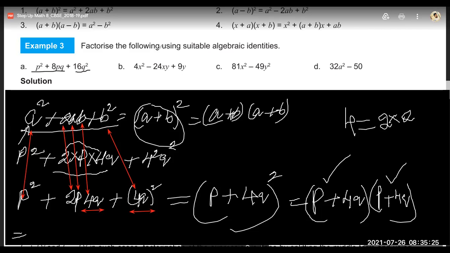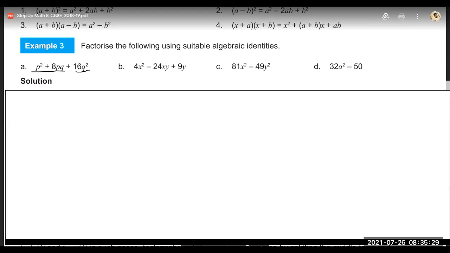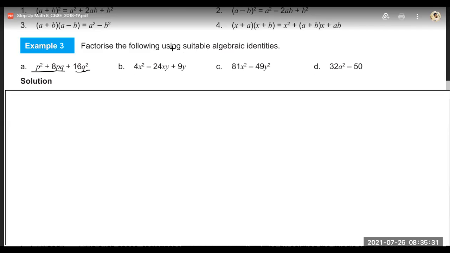Now let us take the second one. The second one is 4x squared minus 24xy plus 9y. Now here the variable is changed, but the format is the same.